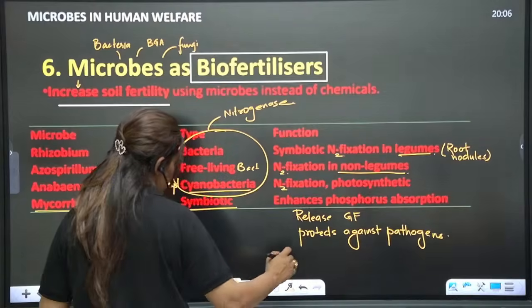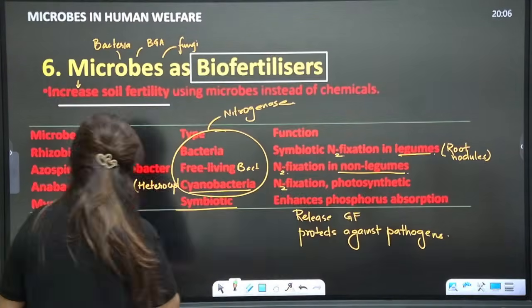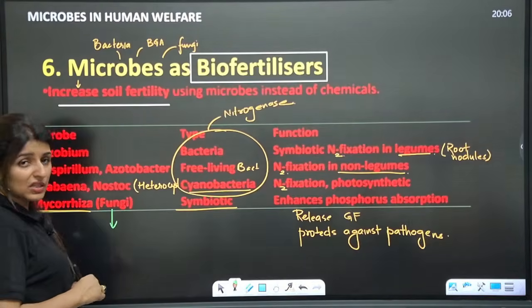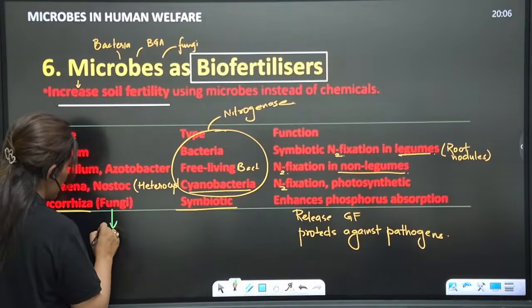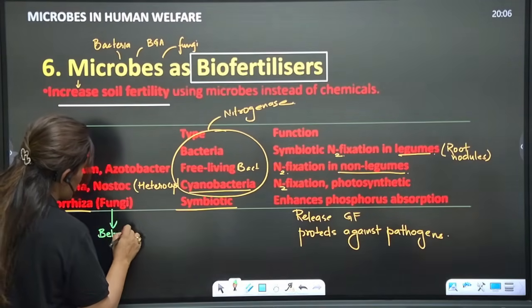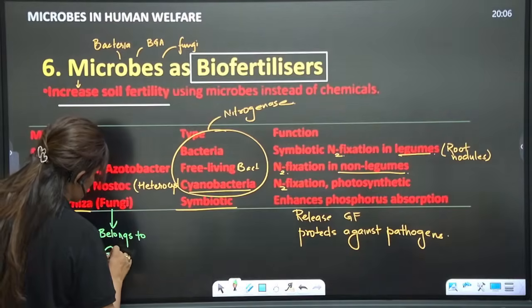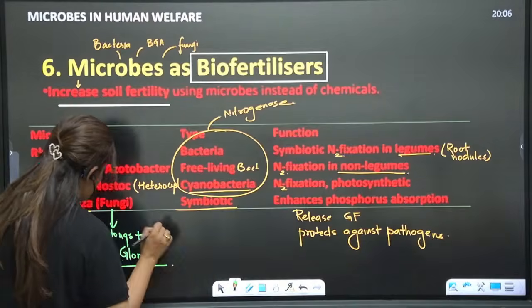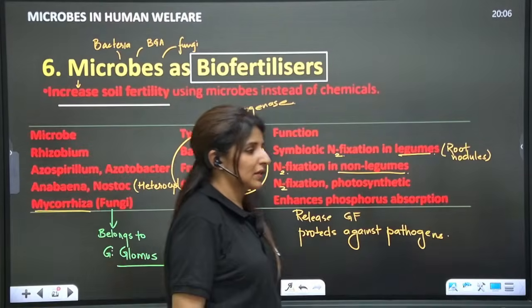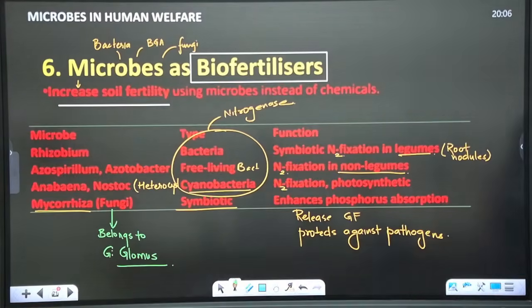Now, there is one important term given here. The fungi generally involved in forming this symbiotic association belong to the genus Glomus. So guys, with this we complete the first chapter of the day, that is microbes in human welfare.